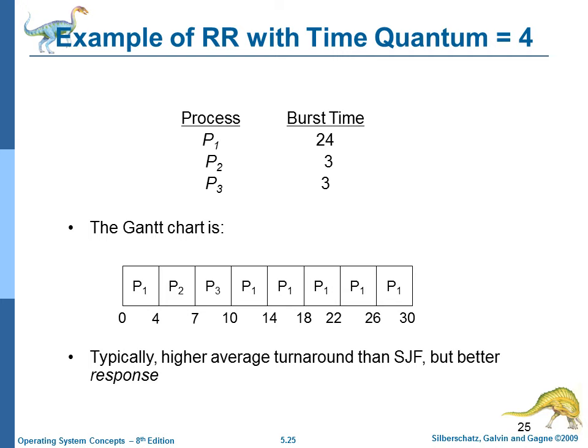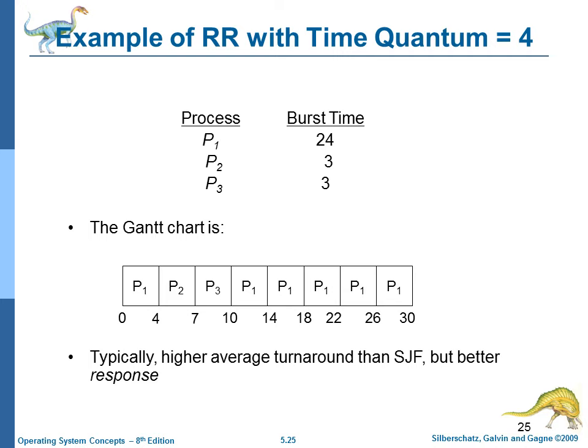Actually, this is the example which we tried first for first come first served. We have process 1 that needs burst time 24, process 2 3, and process 3 3 milliseconds also. Let's assume that the time quantum is equal to 4.